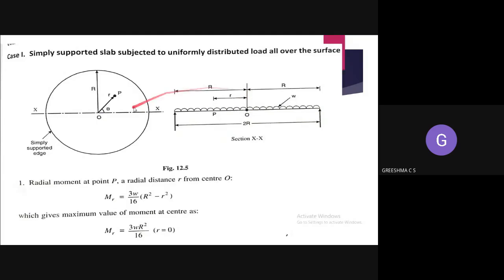This is also the radius R. You are taking a point P here, and the radius to that point is taken as small r, and theta is the inclination of this r with the horizontal.